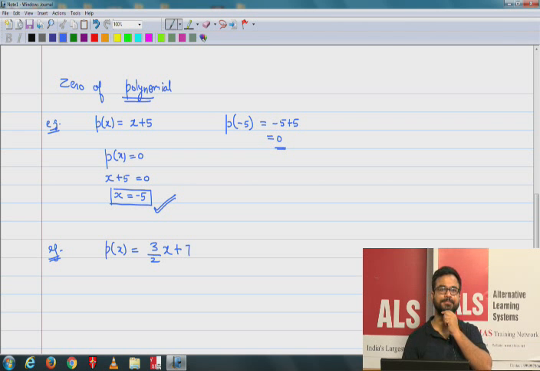That's great. Just equate this value to 0 and solve for x. It is just a linear equation.